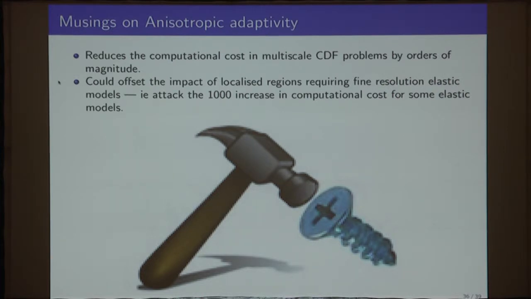And I guess the musings are that this has been massively successful in CFD and other multiphysics applications, where the key blocker to simulation is strong multi-scale features.